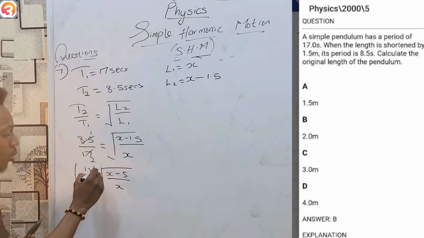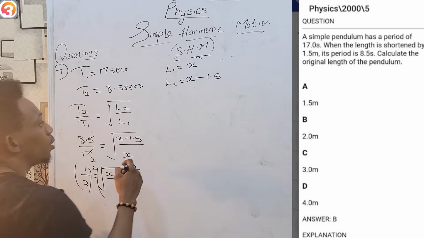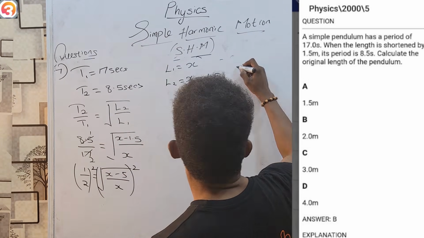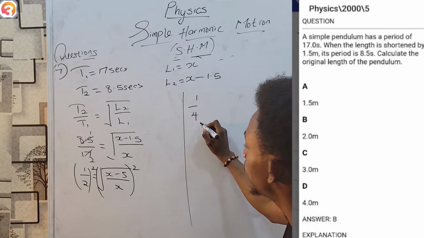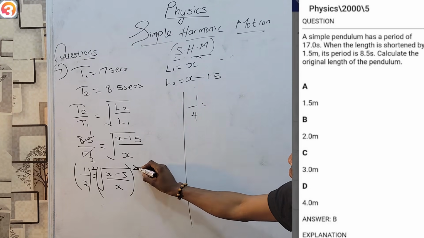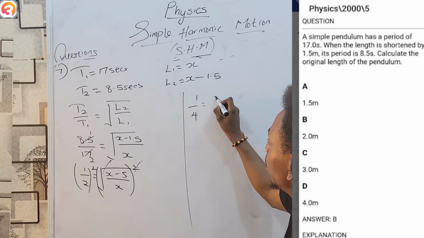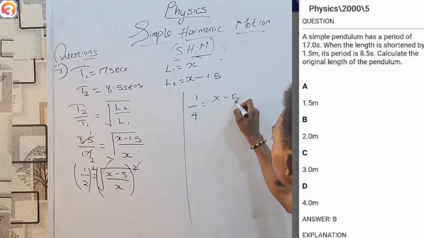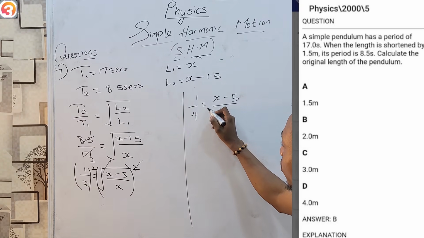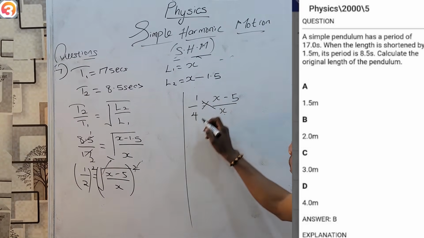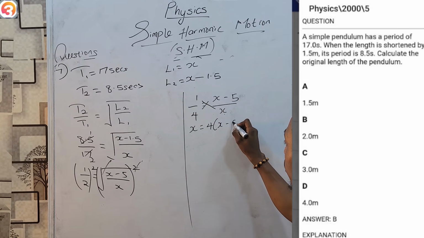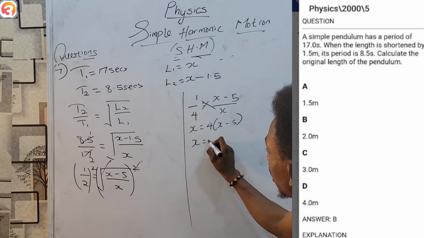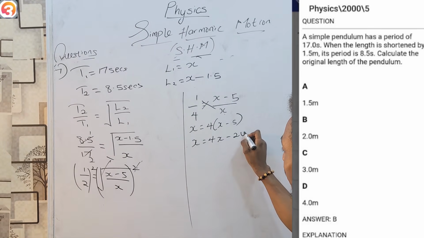So square both sides. That gives me 1 squared, which is still 1, and 2 squared is going to be 4. Then this square cancels the square root here: x minus 5 over x. Cross multiply: x times 1, x, equals 4 times x minus 5. That becomes 4x minus 20.